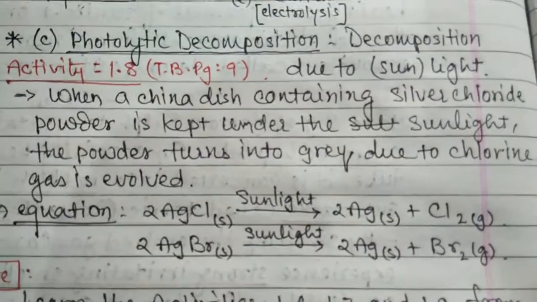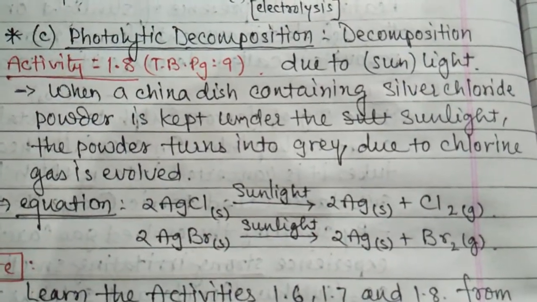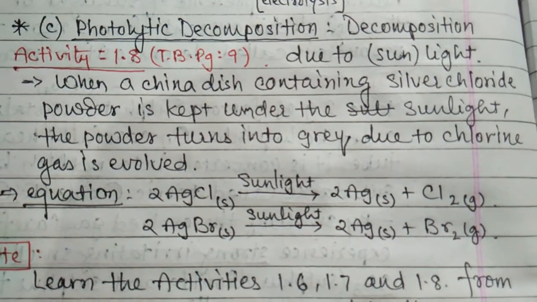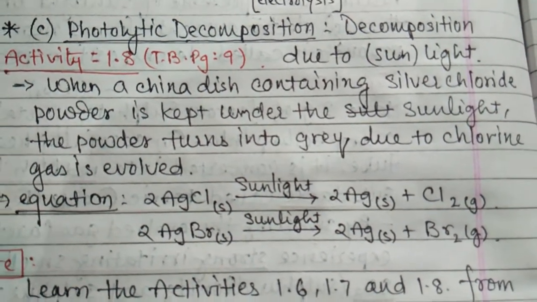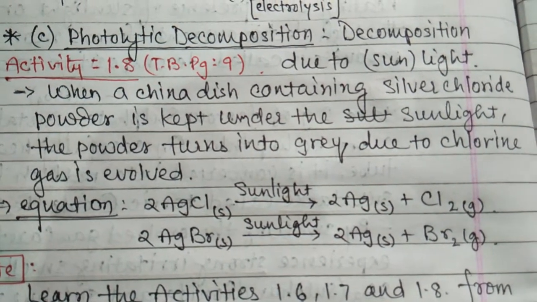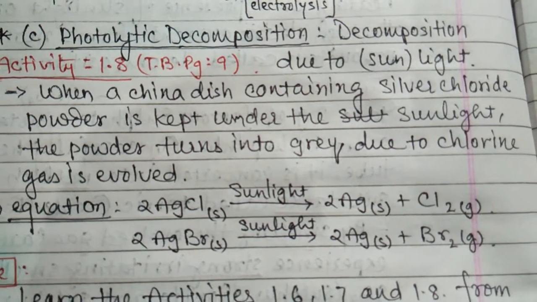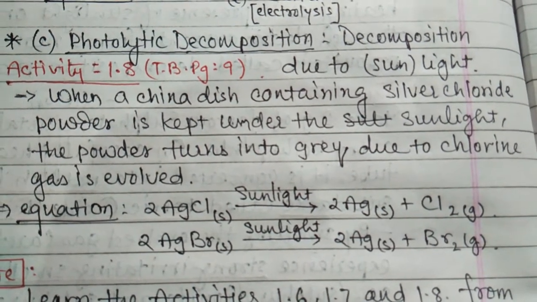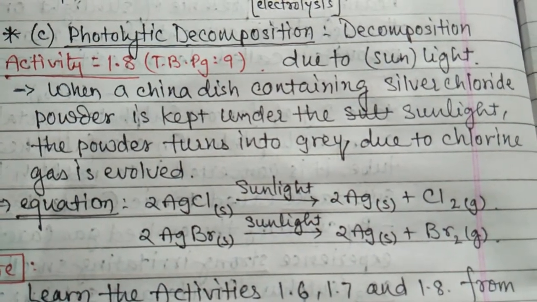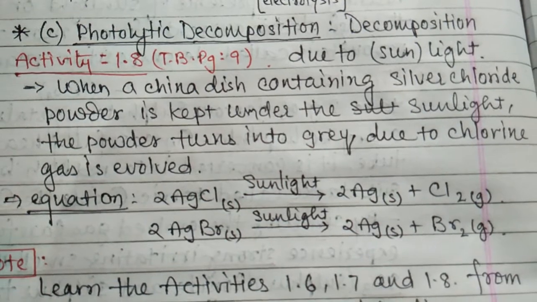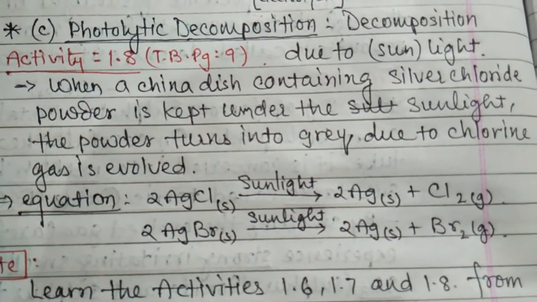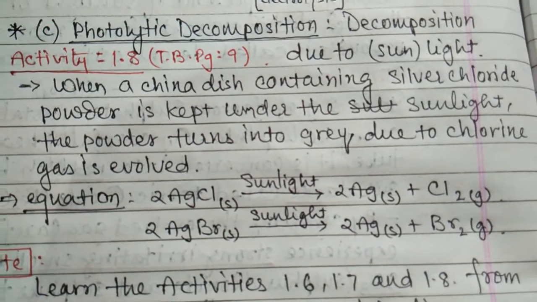Now photolytic decomposition. Photolytic decomposition is the decomposition due to sunlight. We take some 2 to 4 gram of silver chloride, put it in a container, and keep it under direct sunlight.